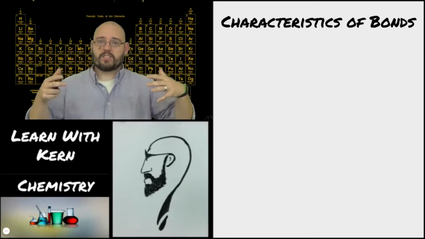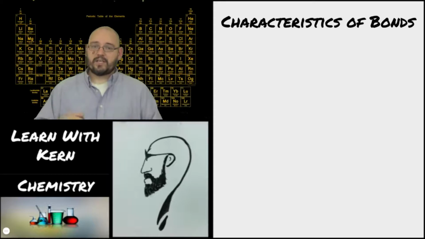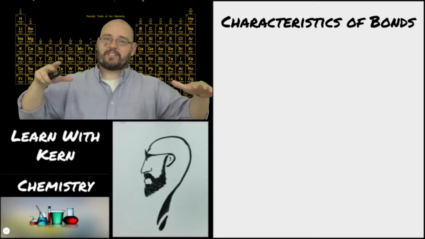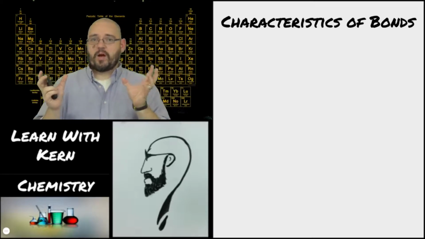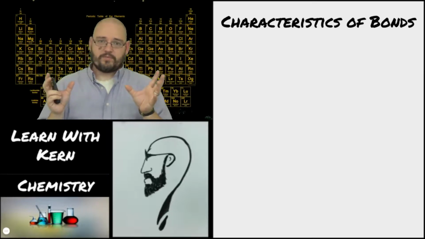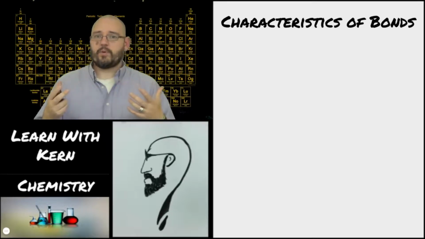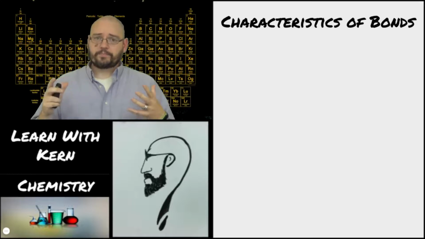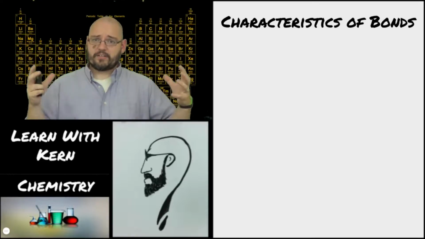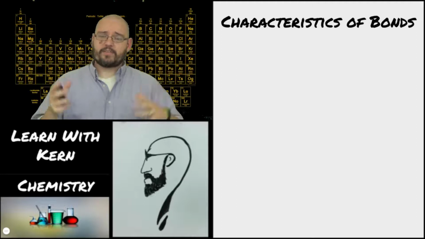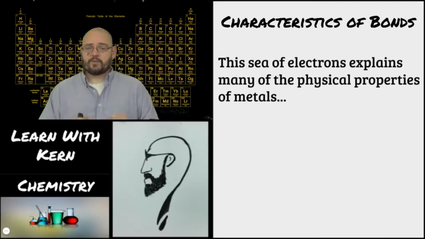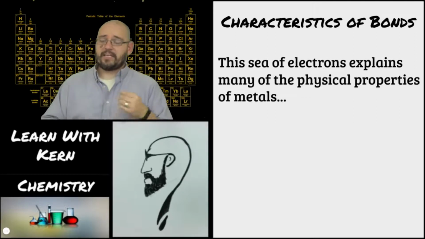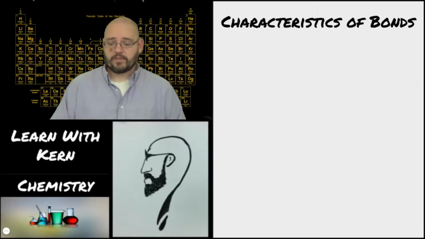That's what forms this metallic bond, because you have this negative sea of electrons and the slightly positive parts of the atoms making this electrostatic attraction. So it's bringing everything together and holding them together. This sea of electrons does explain a lot of the physical properties of metals, right?